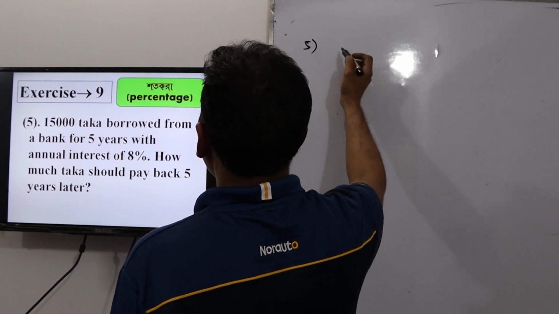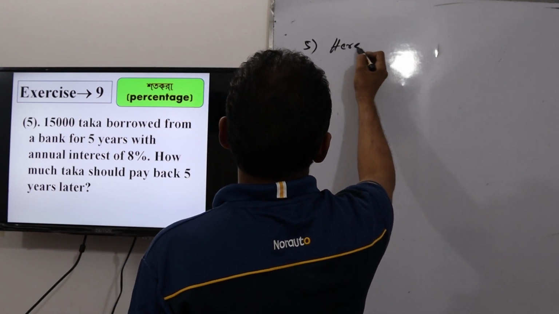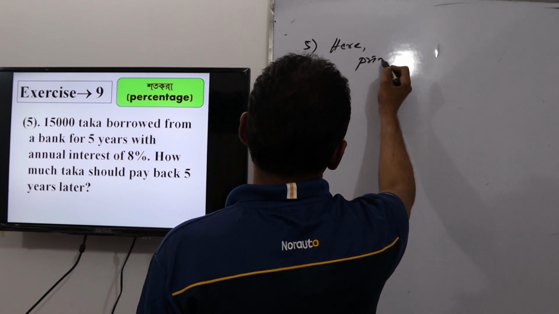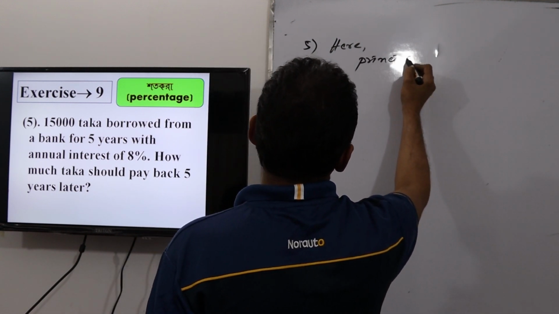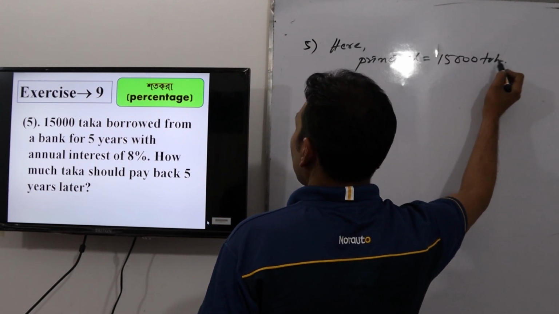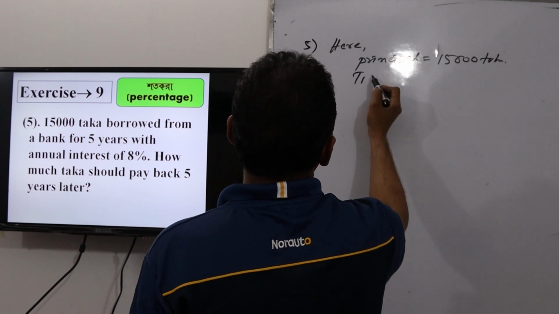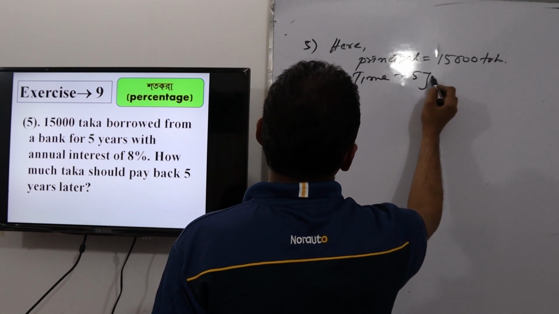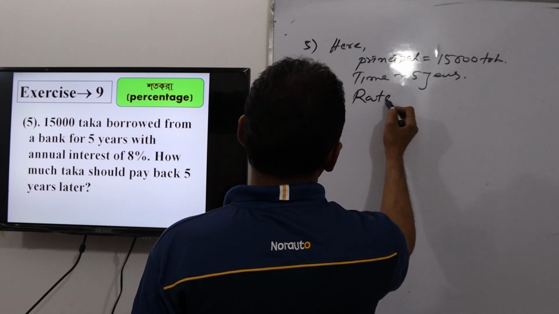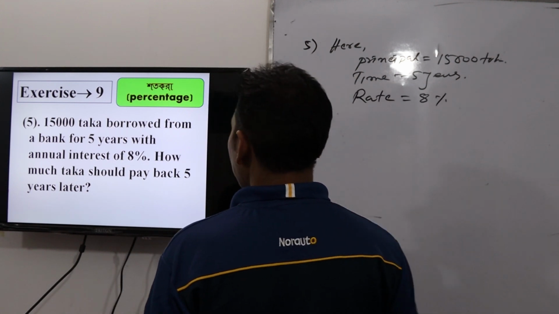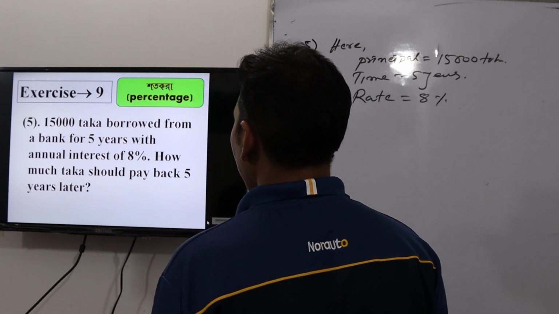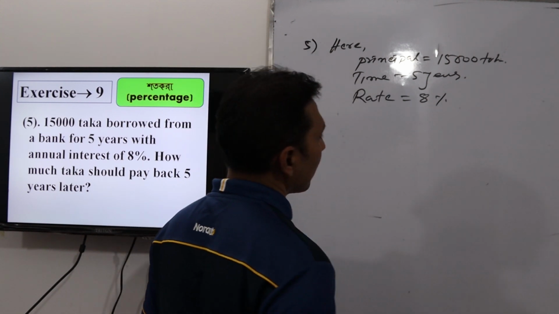Given that 15,000 taka is borrowed, that is the principal, 15,000 taka, time equals 5 years, rate of interest equals 8%. And how much taka should be paid back after 5 years?